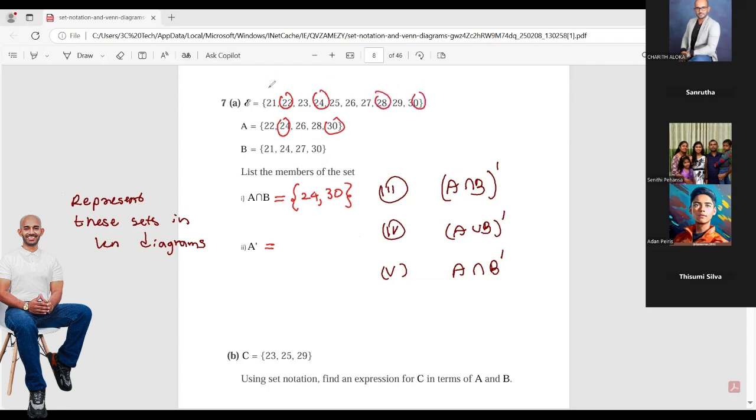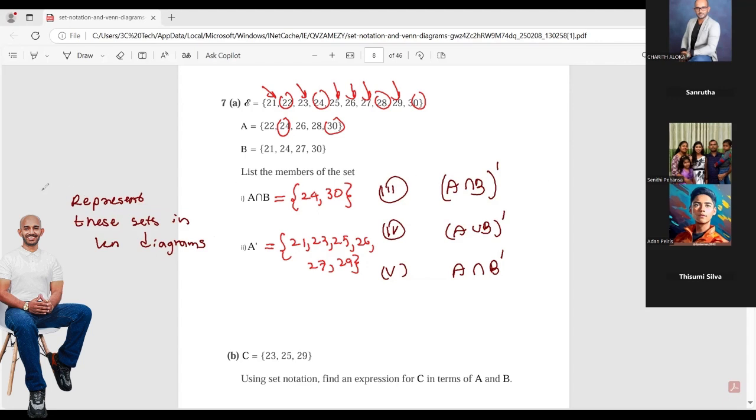We can get 21, 23, 25, 26, 27, 29. Right, there it is. Right?